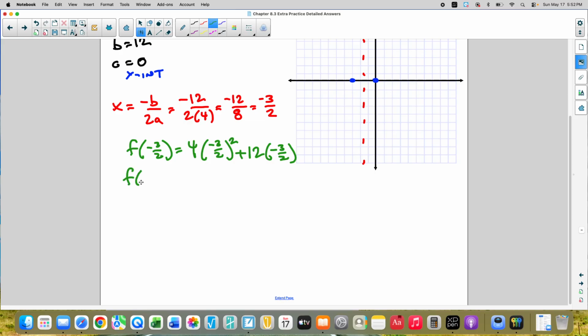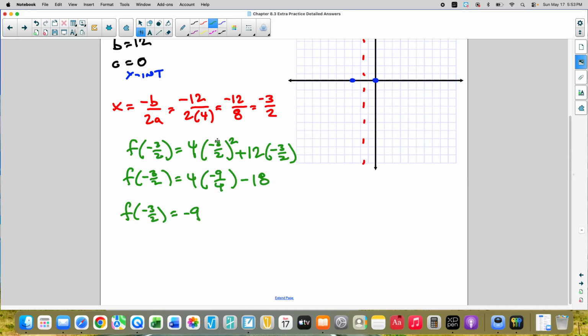So f of negative 3 halves equals 4 times negative 9 over 4 plus, well, actually not plus, that's going to be minus, that's 6, so 18.